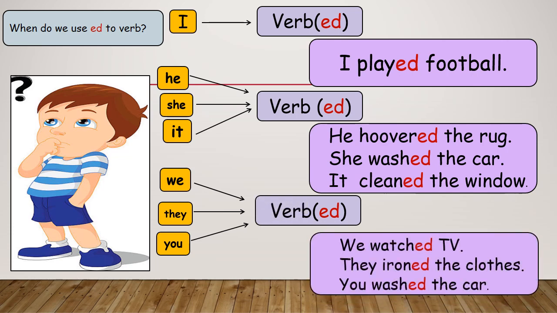In this unit, we are going to explain how to form the verbs to be in the past, or how to change the verbs into the past by adding ed.